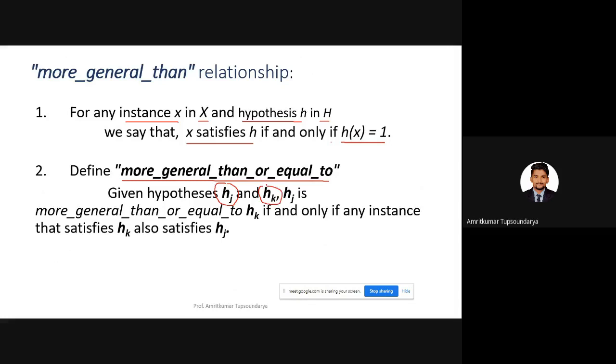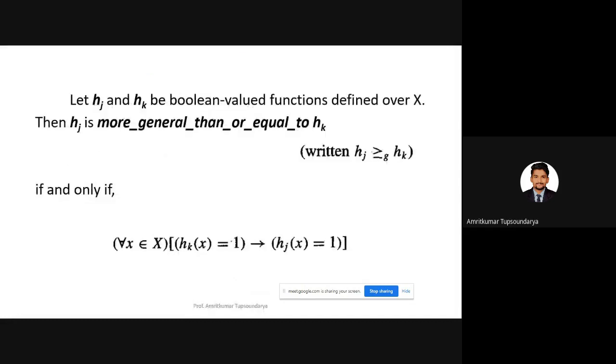So Hj is more general than or equal to Hk if and only if any instance x that satisfies Hk also satisfies Hj. Right? I hope you agree to this.